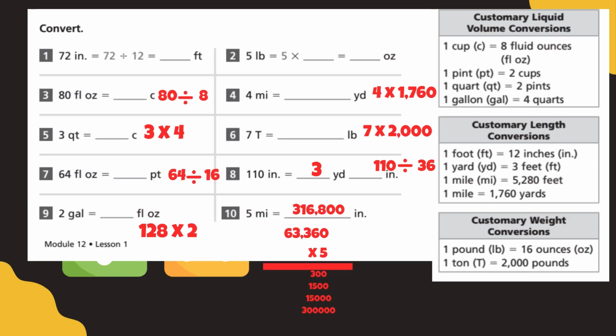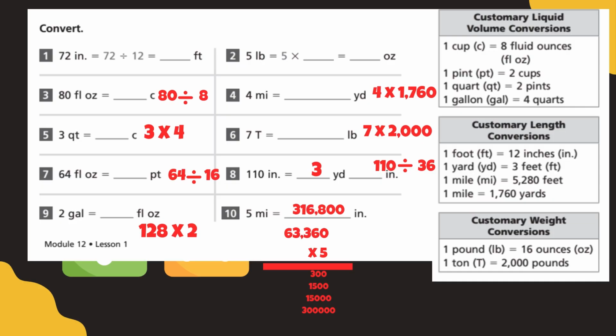So you have to look at your chart, which is on your sheet, that lets you know that for 1 pound, there are 16 ounces. That means 5 times 16 equals how many ounces?